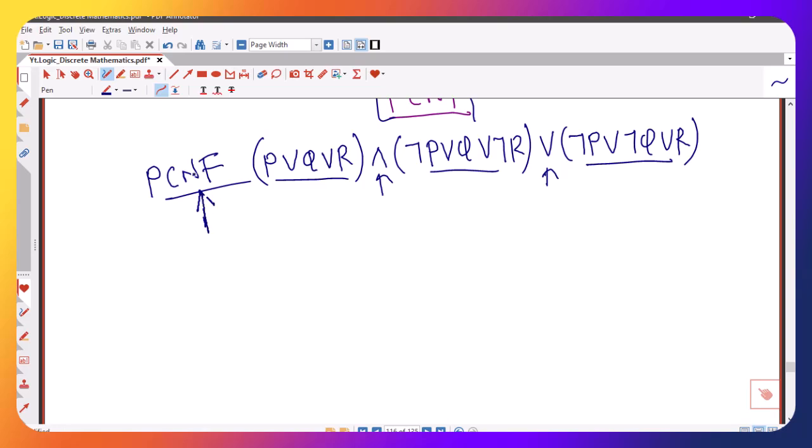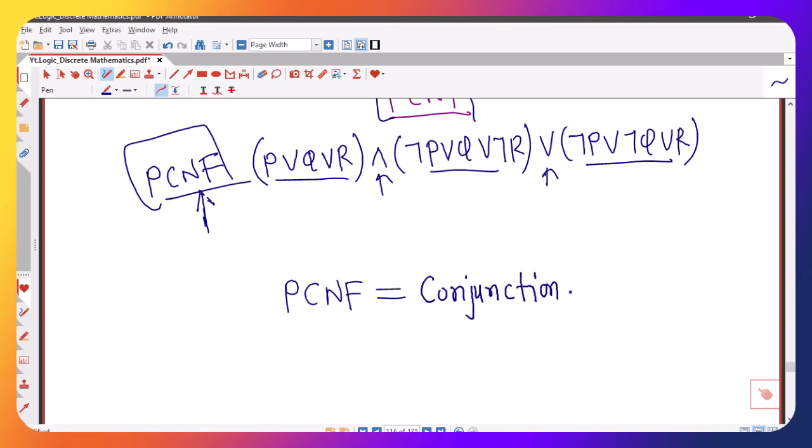So in upcoming lectures we will see how we can obtain the principal conjunctive normal form of a given formula.